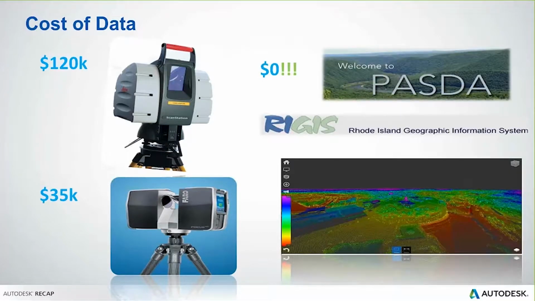Now, I am going to throw this up there. We've talked about free scan data, and this is where my caveat on accuracy comes into play. Most of you may or may not be familiar with GIS. Most states provide GIS portals. I happen to have PASDA, which is Pennsylvania's GIS site, and Rhode Island GIS, Mass GIS, New York GIS. There's a ton; every state likely has its own GIS portal.